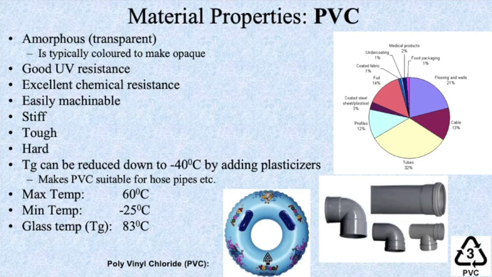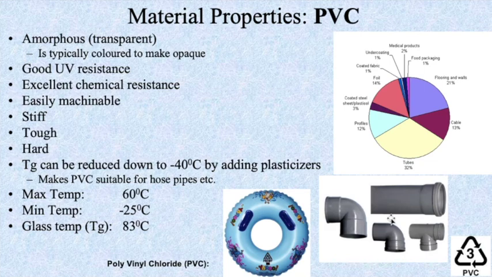Polyvinyl chloride, PVC. We commonly see it in plumbing, usually making tubes, and you can make cables and flooring. It's suitable for these applications because, as we saw, the amorphous arrangement makes the polymer light. You want this type of polymer to be very light, it can resist UV, and it has excellent chemical resistance.